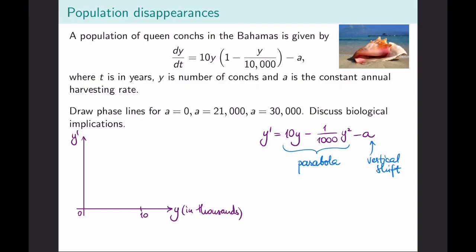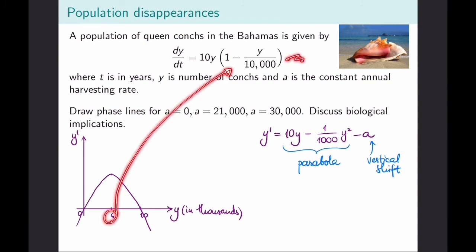And overall, my parabola, maybe I will mark a 5 for the midpoint, and therefore the vertex of the parabola will look like this, right? Again, remember that this is just an upside down parabola shape. I can, of course, plug in 5 into this equation for y, 5,000.